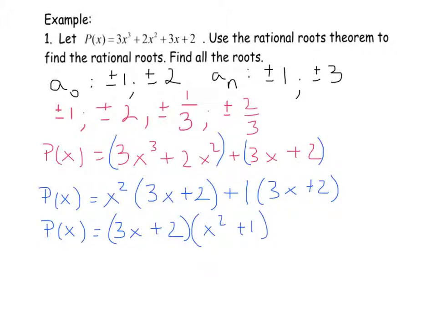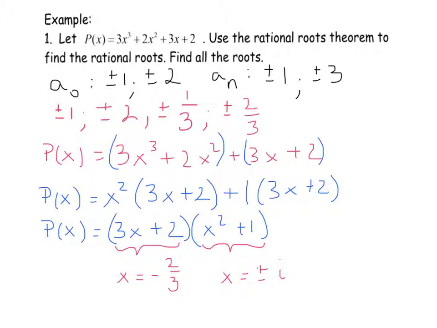To find the roots now, we have to make each equal to 0. My first root from 3x plus 2 will be x equals negative 2 thirds. And from the second set of parentheses, x will equal plus or minus i.